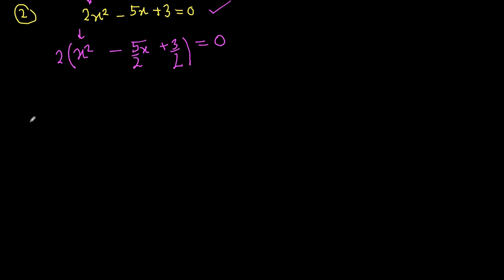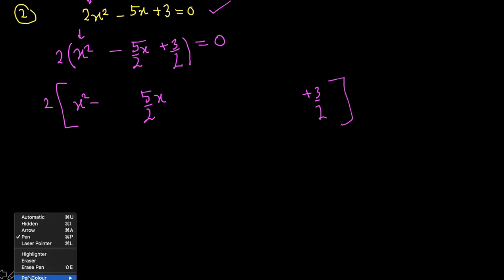Now for the next step, I don't have to do anything with the 2. Now I will write x square, and I will follow the second step. I will write minus and I will write 5 over 2 x here, and I will write 3 over 2 separately here. Okay, now the second step is multiply and divide by 2.